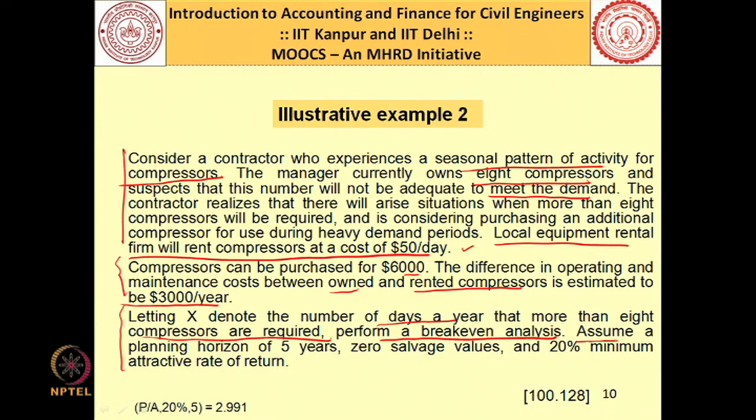You are given that planning horizon is 5 years, salvage value is 0 and there is a 20% minimum attractive rate of return. So, interest rate is 20%. Now, for solving this problem again, we try to draw the cash flow diagram, and it would be something like this.